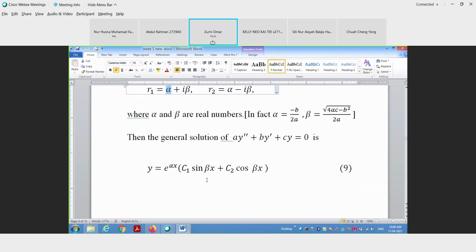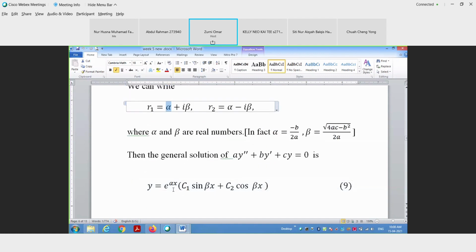The solution will be in this form: e^(alpha x), where alpha is the real part, times c1 sin beta x, where beta is the imaginary part, plus c2 cos beta x.